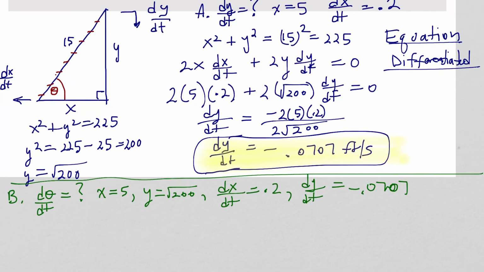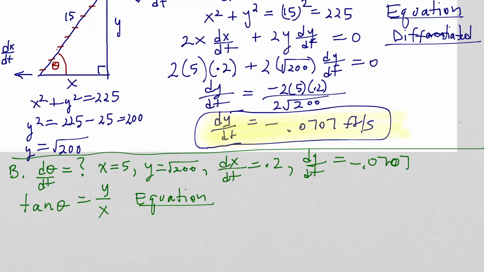All right, so we know all that. So now let's find an equation for theta. So that would be tangent. Tangent of theta is y over x. All right, so we're going to differentiate that. That's our equation.